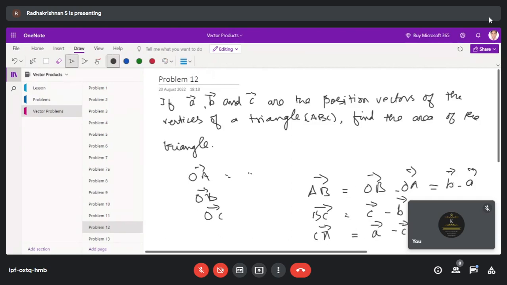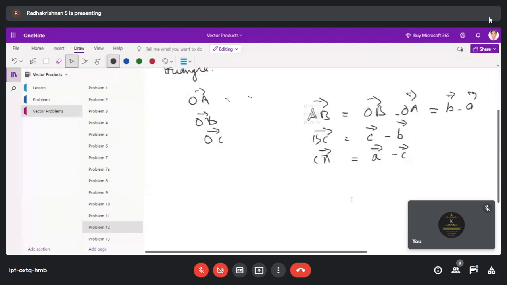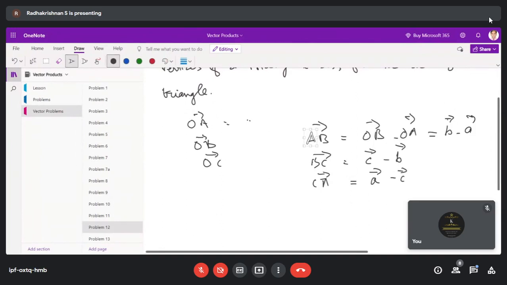So now you can take any two sides, like B minus A and C minus B, which are adjacent sides. You can find the area using the formula, just half of the cross product of two adjacent sides.